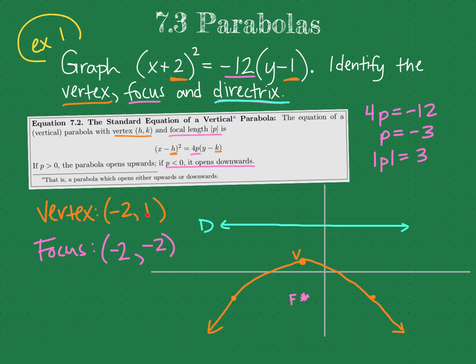So you could have just looked at the vertex and saw 3 units directly below it, with the y-coordinate would be -2. In a similar way, our directrix is 3 units above here, and it's a horizontal line, so it is of the equation y equals, and it's 3 units above where the y-coordinate is 1, so 1 plus 3 is 4. You could also just count, that's where we're at. The directrix is the line y equals 4.